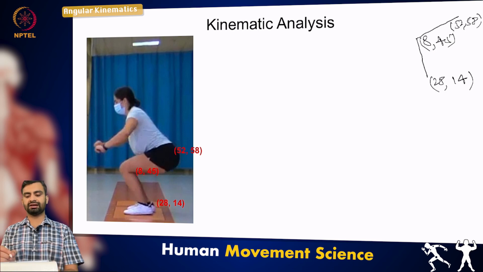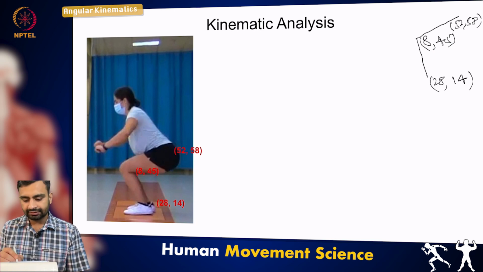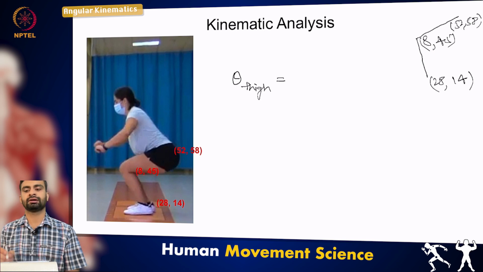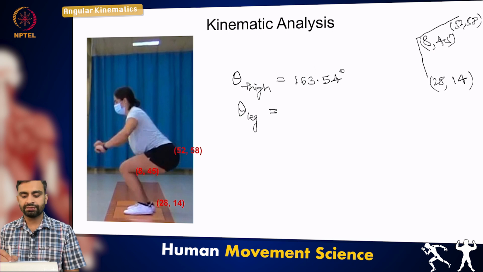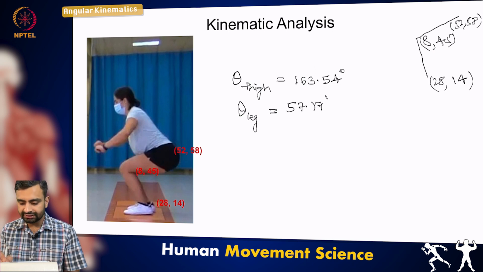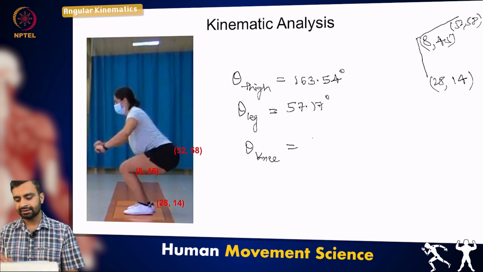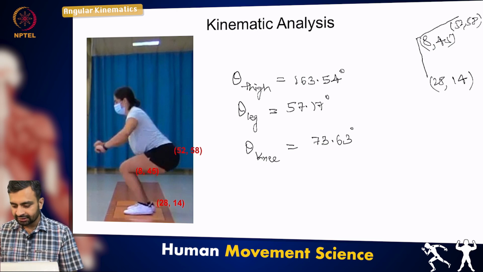So using similar calculations, which I would encourage all of you to try yourself, your thigh angle should be around 163.54 degrees, leg angle should be around 57.17 degrees, and theta knee is then 73.63 degrees.